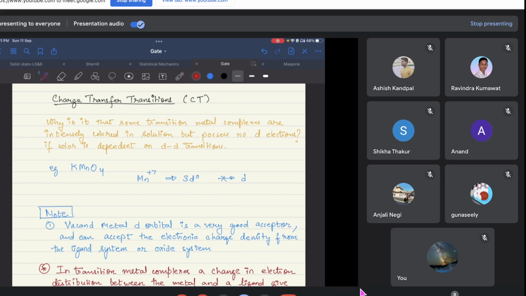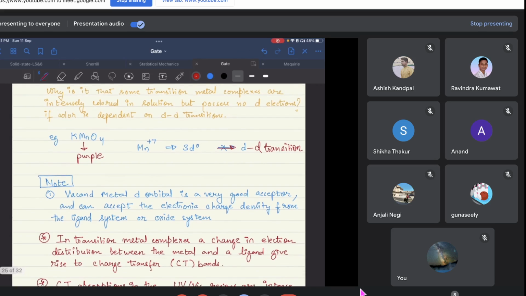So it rules out d-d transition happening here. But instead of that, KMnO4 still shows an intense color, like purple.